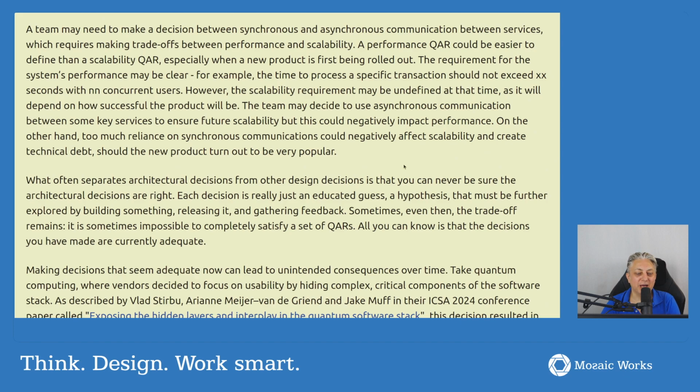So there's also that. It's not only that it's performance versus scalability. I think we should also take into account programmer time. And the next question is, is the team at the level where they can deal with asynchronous communication for everything?